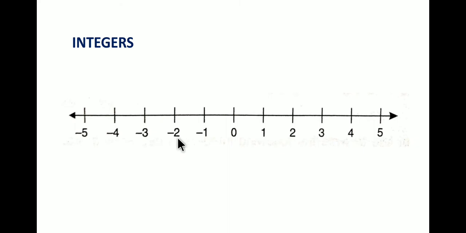All right. And every positive number towards the right hand side is greater than 0, and every negative integer is less than 0, and every positive integer is greater than every negative integer.